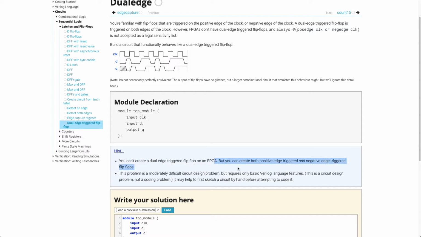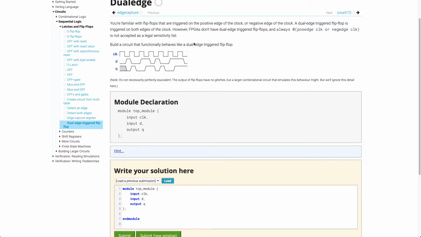Okay, well, I see. So I guess FPGA synthesis isn't smart enough to, like, if you do this, it doesn't just say, let me just make two flops. I see. So then you have to split it out. Okay.